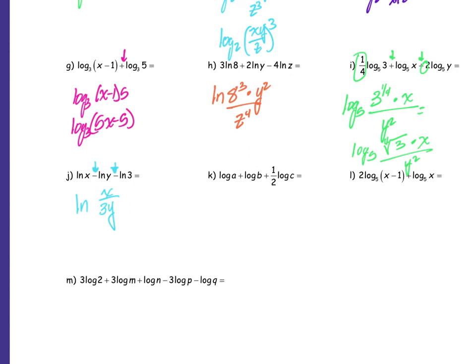Okay. So I've got a plus sign and a plus sign and an exponent here. So log of a, b, and c to the 1/2, or I can write that as log base a, b square root of c.